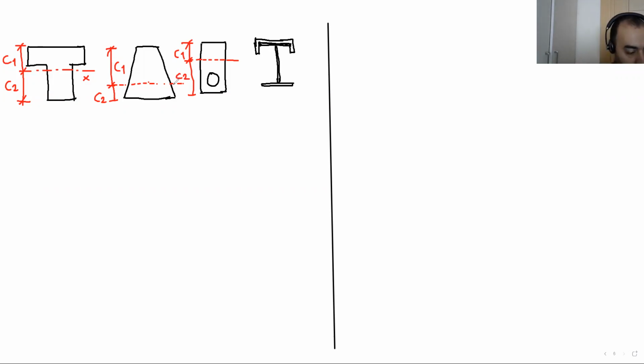Okay. In this example, here you can see C1, C2. Stress at the top, let's say point 1, point 2. Here one, here two. Here one, here two. Okay.